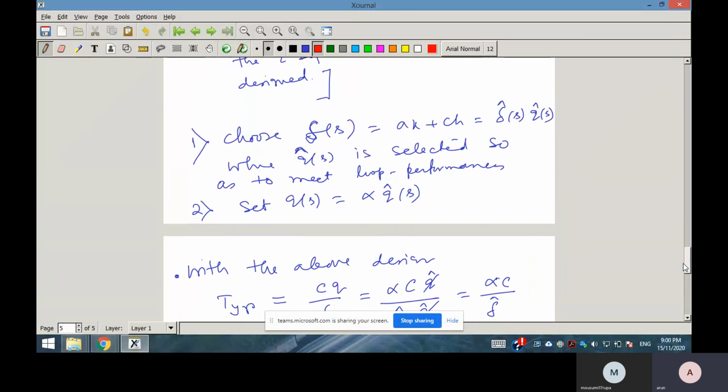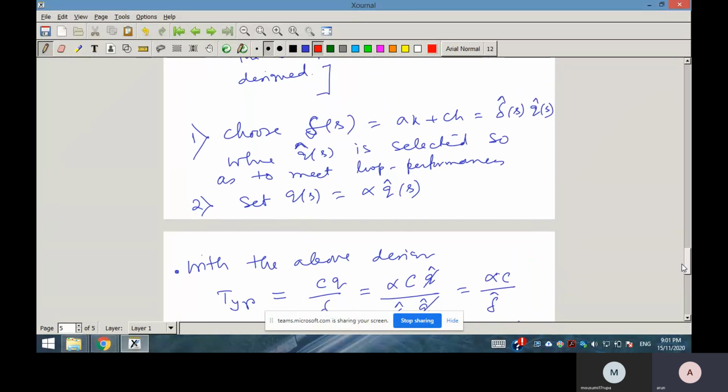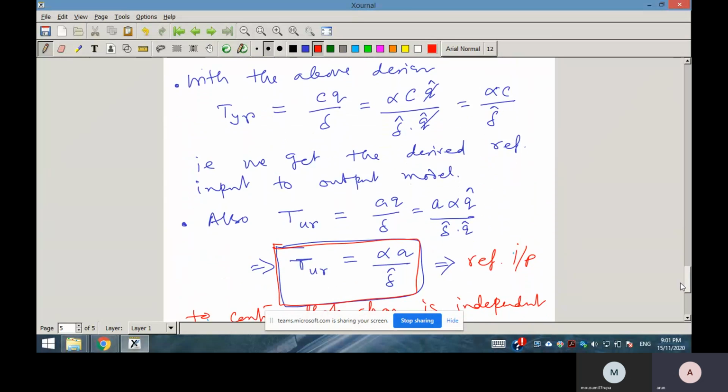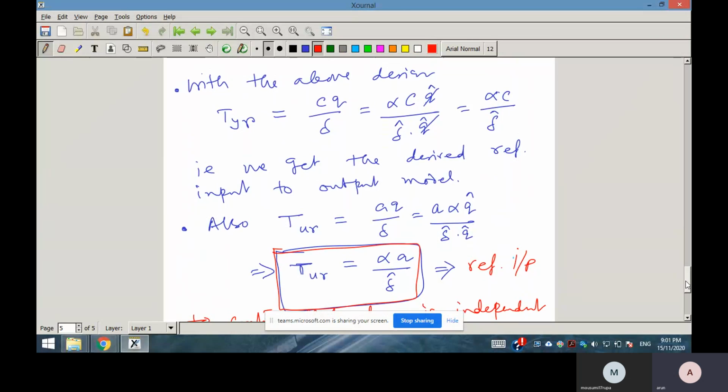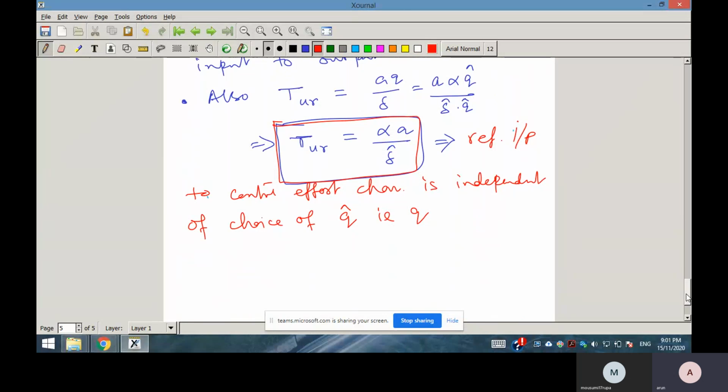That means loop performance, disturbance attenuation, noise attenuation, sensitivity peak, robustness, all these things you can bring to your desired values by changing Q hat. If you change Q hat, all the reference characteristics remain unchanged. This is the beauty of 2-degree of freedom control.